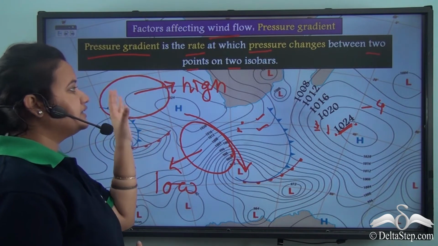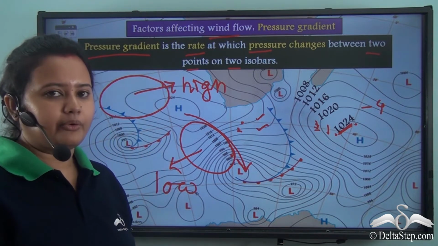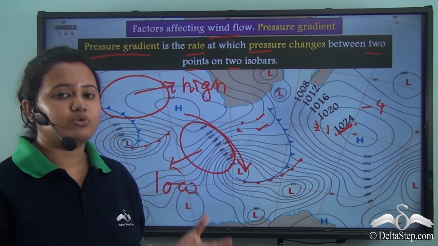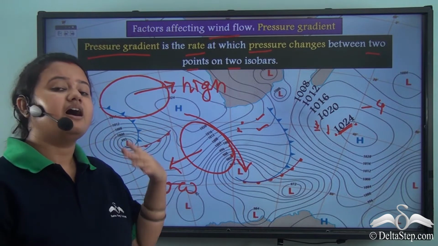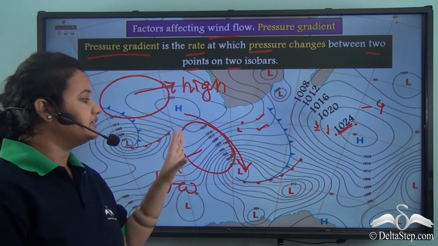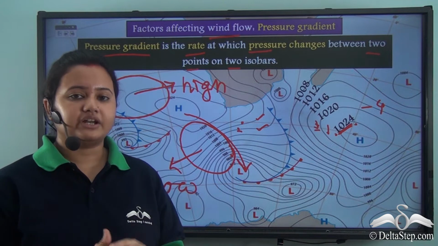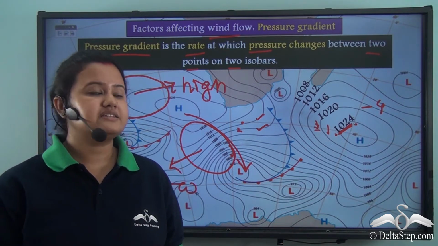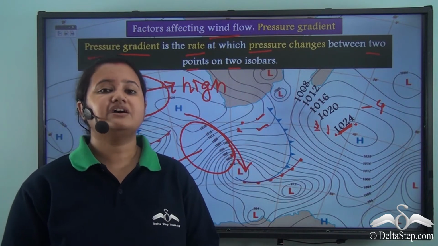So here the pressure gradient is more. Now in regions where the pressure gradient is more, the winds will flow at a higher rate, whereas in regions where pressure gradient is low, the winds will flow at a lower rate. This is how pressure gradient affects the wind flow.